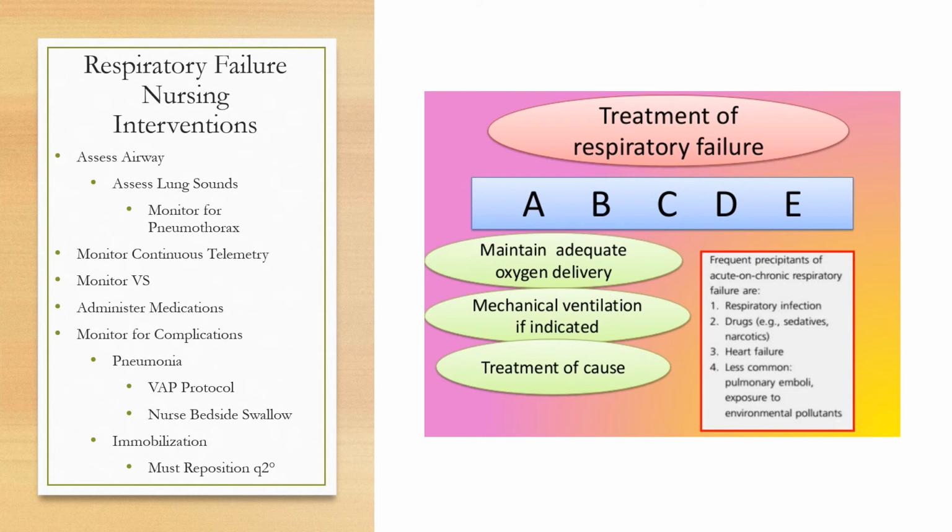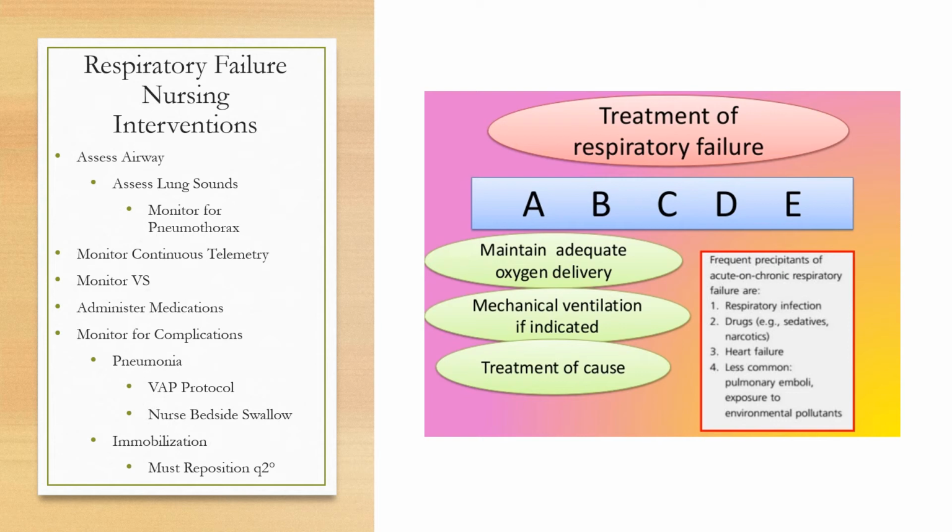And the whole idea is I need to maintain oxygenation of this patient, even if it means intubating and ventilating. The C, I need to maintain blood pressure and perfusion of all the critical organs, such as the heart, the brain, the kidneys.